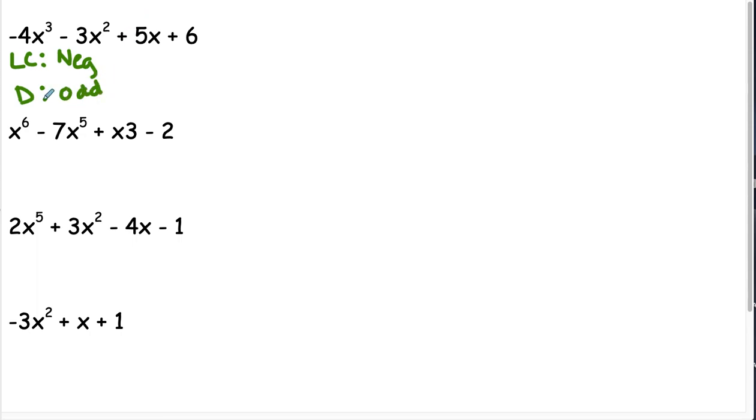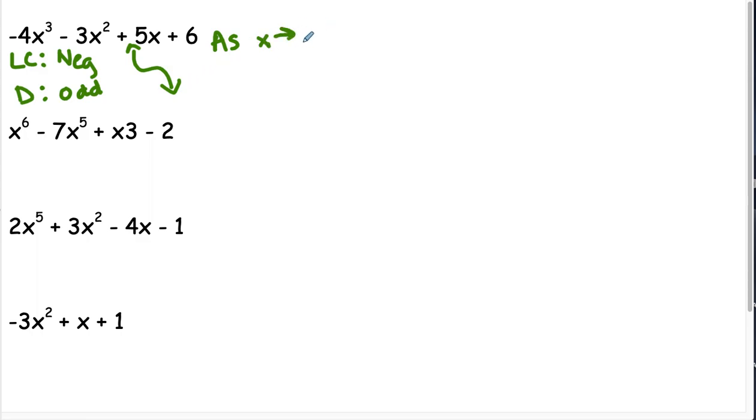So if I know that the degree is odd, I know they're going to go opposite ways. And I know that if it's negative, then it's somewhat going to be like this, where on the left side, it's increasing, and on the right side, it's decreasing. Okay, so without even graphing this, I know that my end behavior is going to be increasing on the left side and then decreasing on the right side.